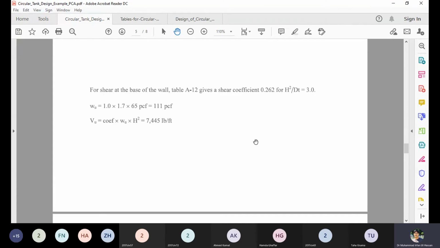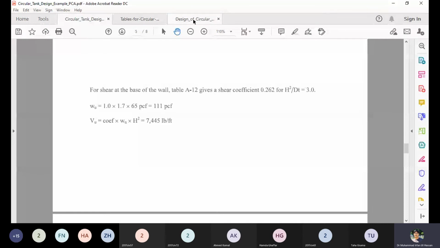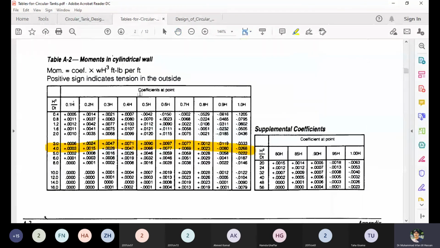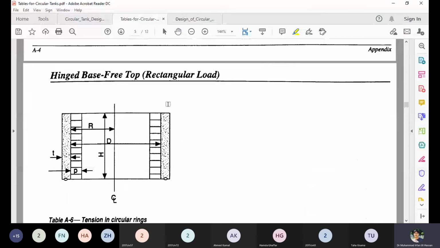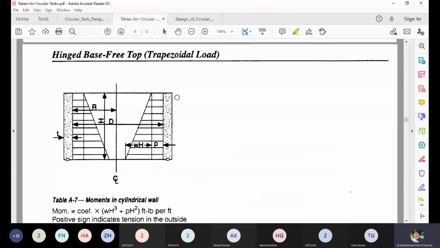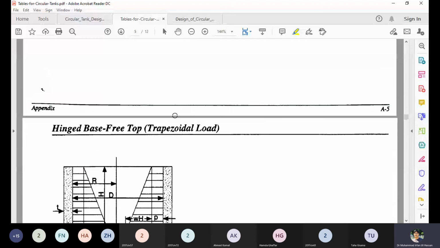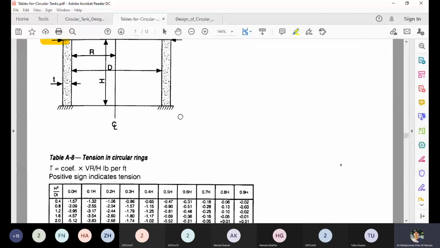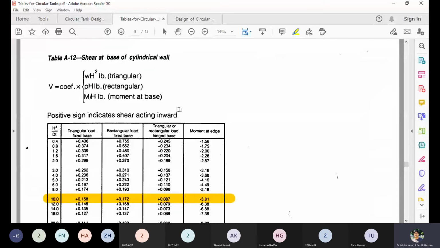Then comes the next part of the design, and that is the shear check. As I have told you, you can also find out the shear coefficient values at the bottom of the tank, and these shear coefficient values can be seen from Table A12.